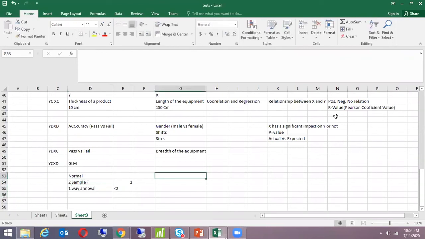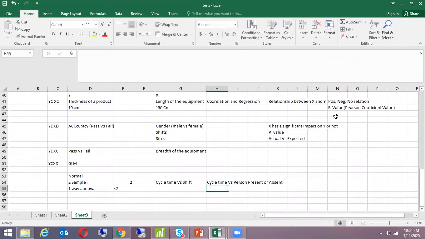So this tells me, examples could be Y continuous, which could be cycle time, versus different shifts that I have, cycle time versus person present or absent.